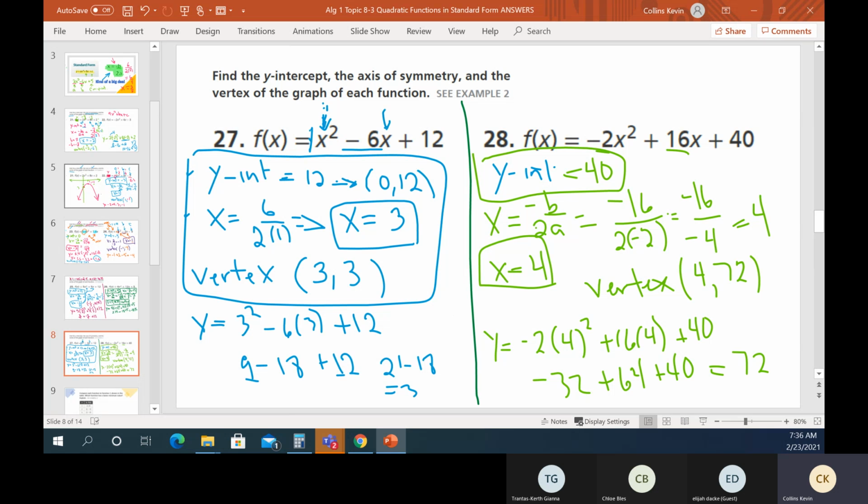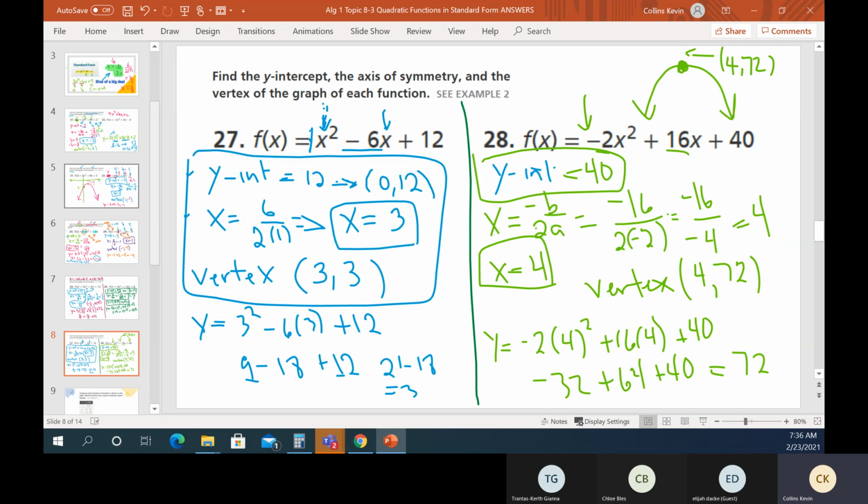So that vertex is pretty high up. That's like 72 above the x-axis. Reason for that, again, is this guy's negative, right? Which means you're going to have a vertex that looks like this up here at the top. And again, this number here is going to be 4 for x and 72 for y. And it's going to go down from there. And we know it's going to go down from there because our intercept is at 40, right?